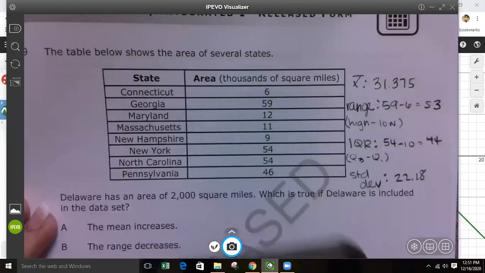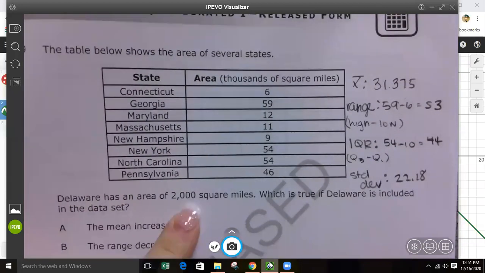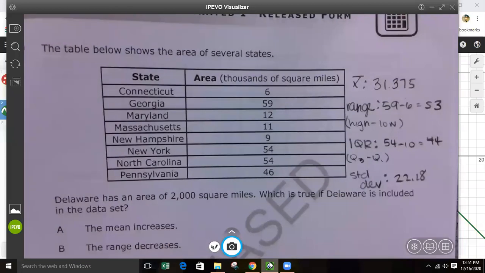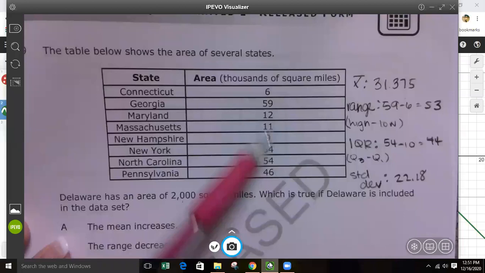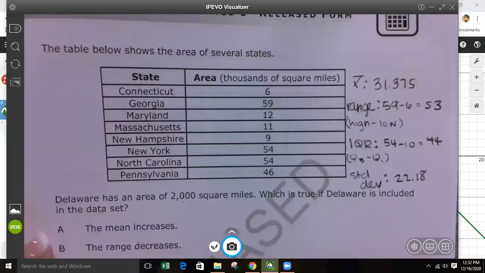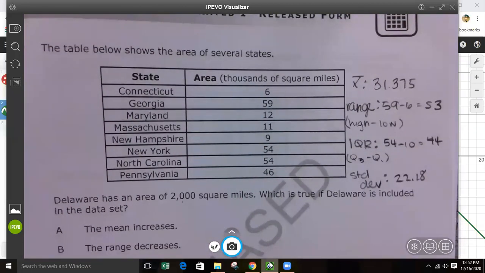All right. It says Delaware has an area of 2,000 square miles, which is true if Delaware is included. Now be careful. How do I put that in the chart? Because I don't see any 2,000, 6,000, 12,000. What do I see? What would I put in my chart?